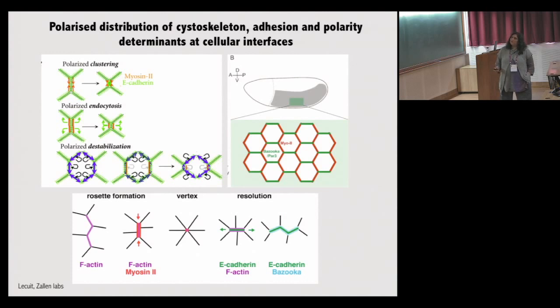What people have also seen is that this adhesion molecule, E-cadherin, has its levels reduced at the shrinking junction by a process called endocytosis. So you could say that these shrinking junctions are characterized by an enrichment of myosin and a reduction in E-cadherin, right?